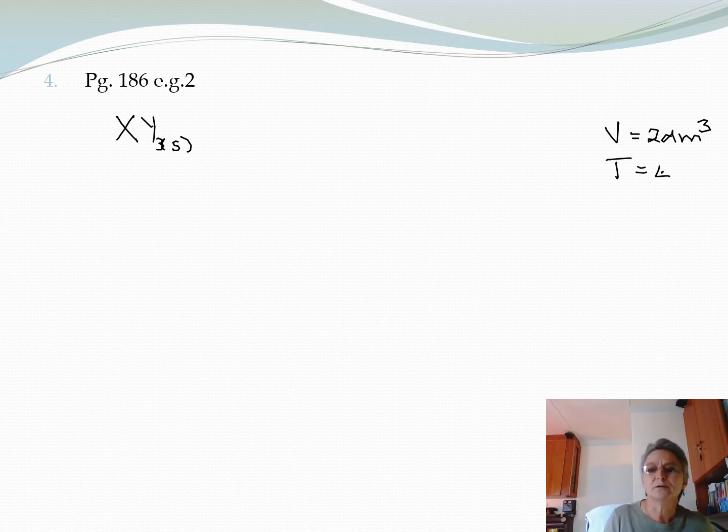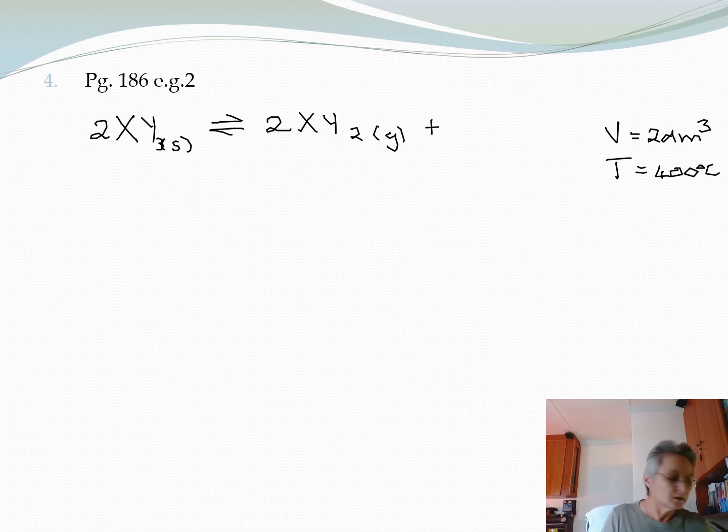The temperature is 400 degrees Celsius according to the following equation: 2XY3 solid is in equilibrium with 2XY2, which is a gas, and Y2, which is also a gas. Calculate the equilibrium concentration of XY2 gas if there are 8 moles of Y2 in the container.